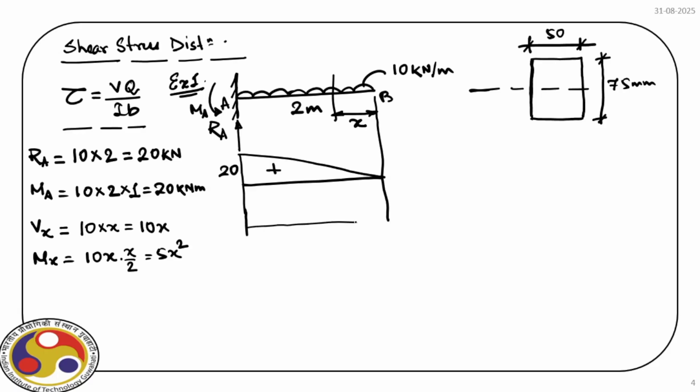And then at x equal to 2, that means at the fixed end, we have 20, right? And it varies as shown. So this is hogging moment, so it is negative. 20 again at the end, and the variation here is quadratic variation. It's the equation of a parabola. So now we have the shear force and bending moment.